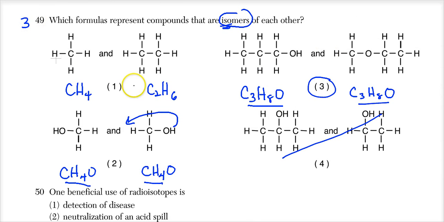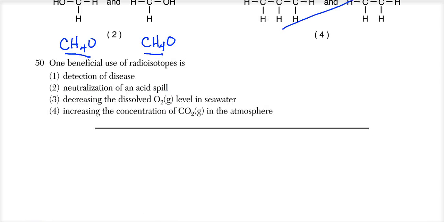Very common one too. Number 50, one beneficial use of a radioisotope. Now, radioisotopes are just fancy words for elements that are radioactive. So, radioactive. This is a nuclear chemistry question. And this is one of the things you just kind of have to know. But you should know this anyway.